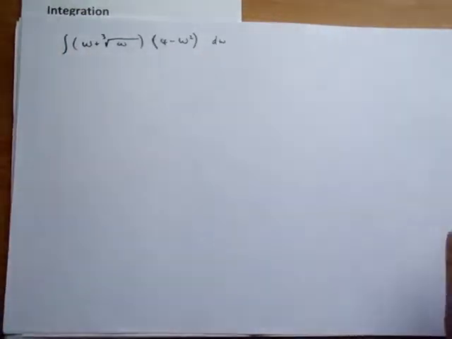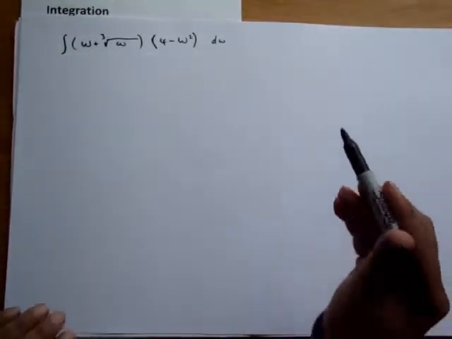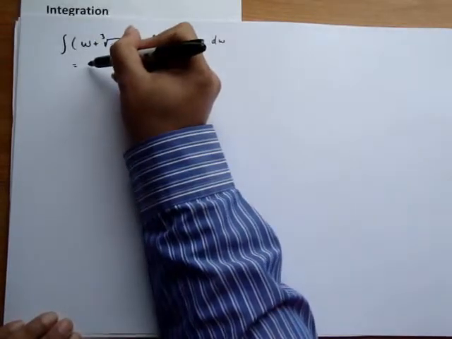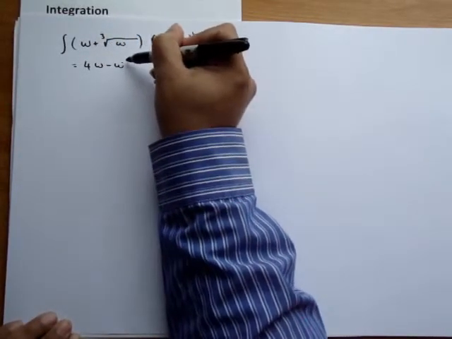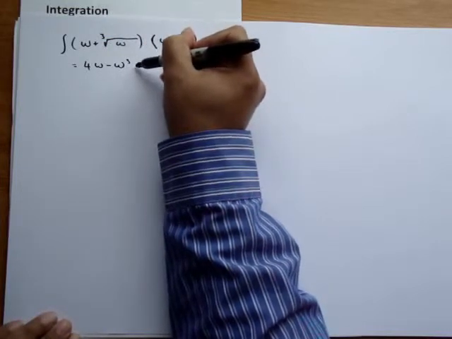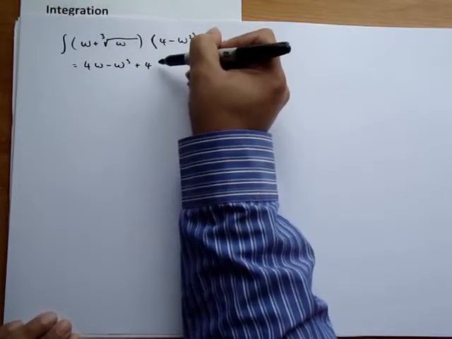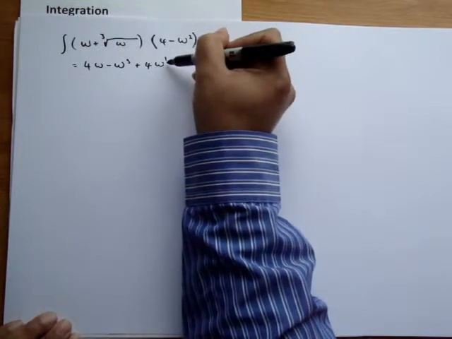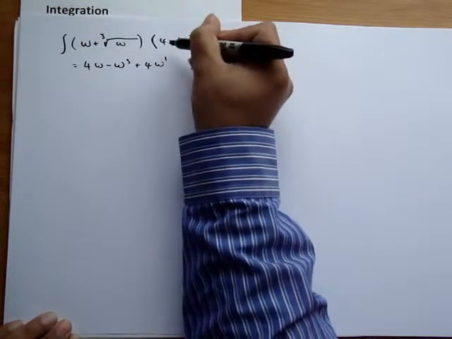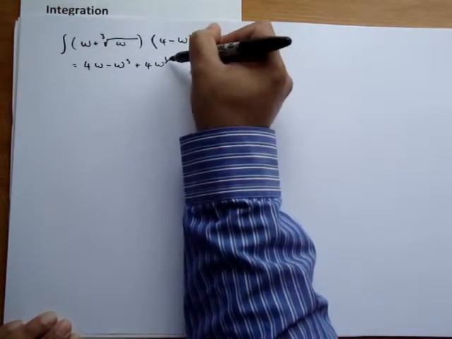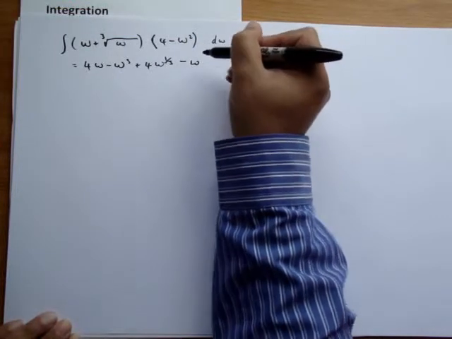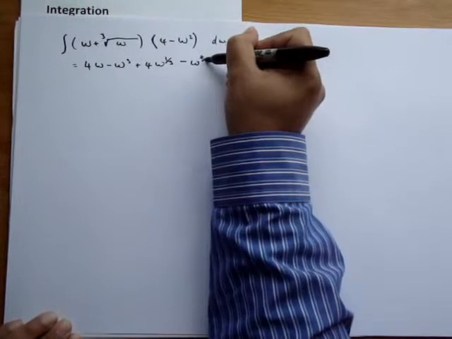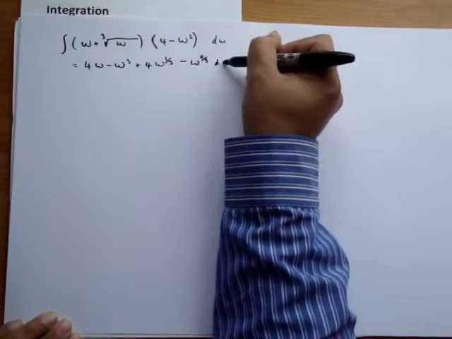We need to get rid of the brackets so we can multiply out, and that will give us 4w minus w cubed plus 4w to the minus 1/3 minus w to the 7 over 3 dw.